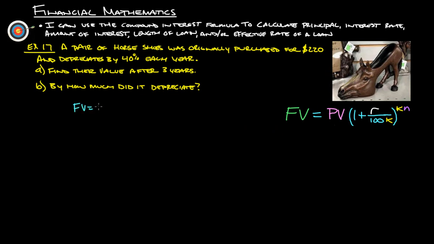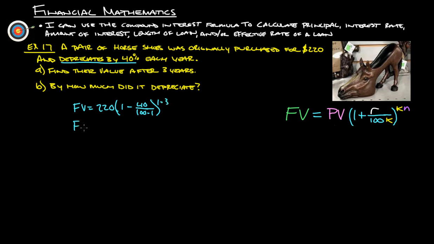So to figure out the future value, the present value, or the original amount, was 220 times 1, and since it's depreciating by 40%, we're going to subtract our 40% divided by 100. And remember, depreciation is always yearly, so that's 1 there. And this is after 3 years, right?